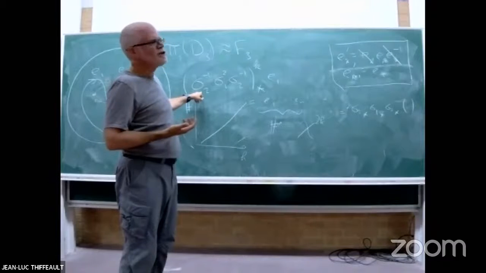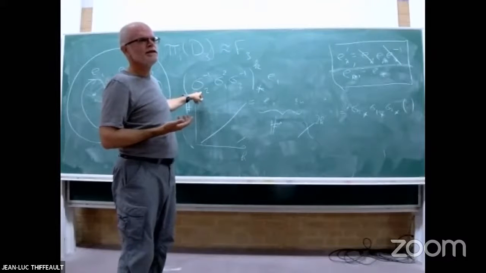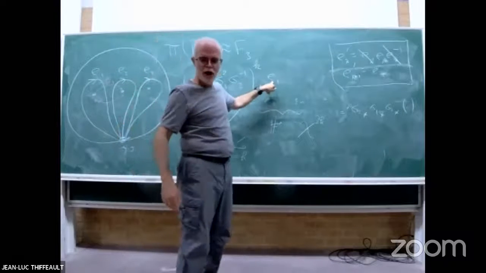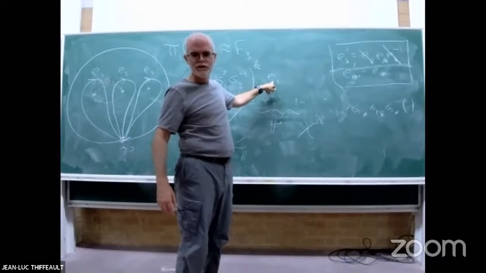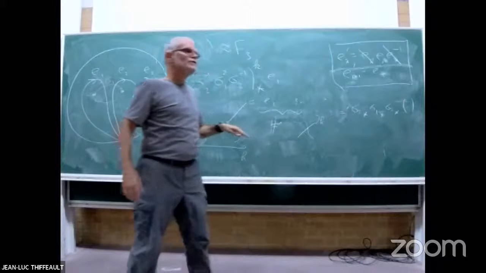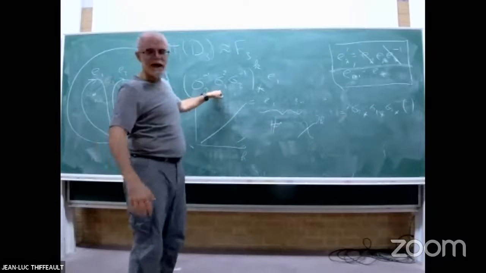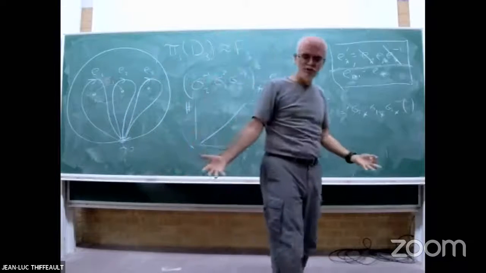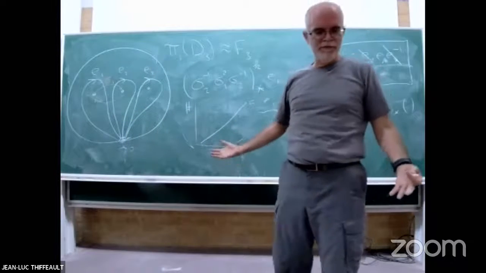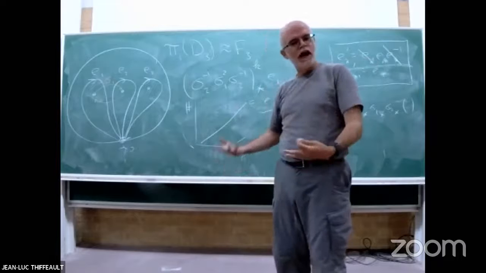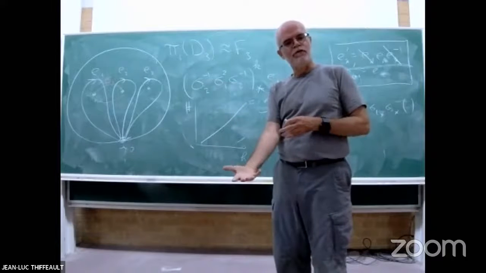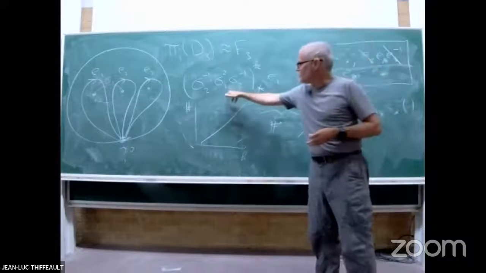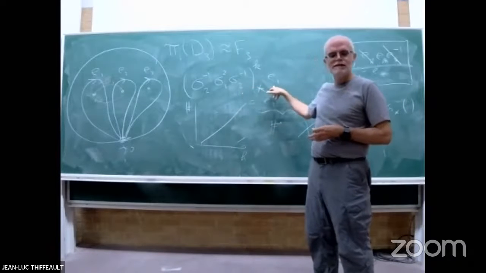Well, no, wait a second. The representation could send everything to the identity. Sorry, maybe it depends what you're asking. If you mean the thing that it's acting on, then yes, it should return. But you could, for instance, imagine mapping everything to the identity. That's the least faithful representation you can do: you take every group element and map it to the identity element of whatever space you're acting on. So for instance, I could say that any sequence of braids is the identity.